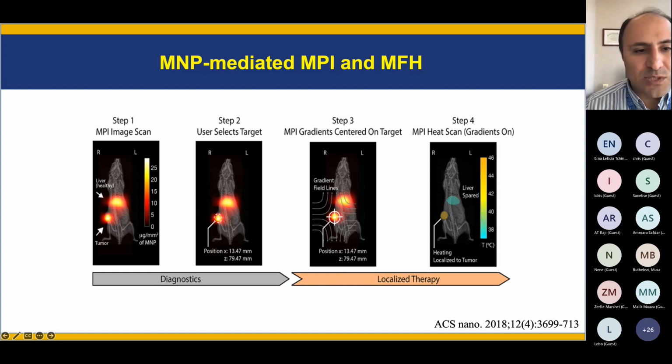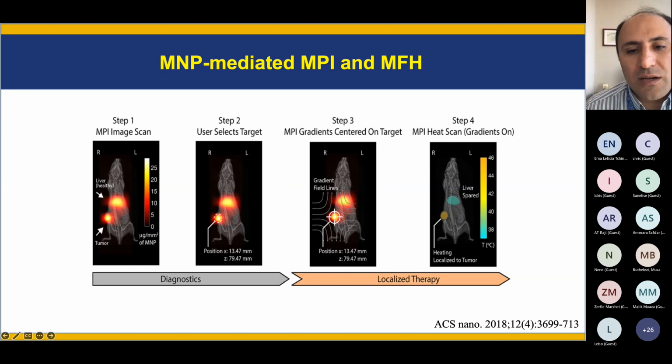So if we expose this animal generally, both liver and tumor will be destroyed, right? But the only target should be the tumor, not the liver. With this technique, when we specify the hotspots in liver and tumor, then we can localize the magnetic field for treatment only on the tumor.